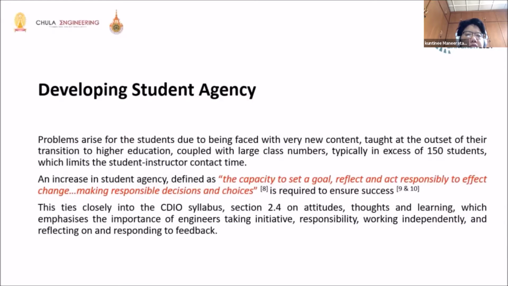Encouraging and helping the students to build student agency, which is defined as the capacity to set a goal, reflect and act responsibly to effect change, making responsible decisions and choices, can help students to ensure their own success. This ties closely into the CDIO syllabus section 2.4 on attitudes, thoughts and learning, which emphasises the importance of engineers taking initiative, responsibility, working independently and reflecting on and responding to feedback.